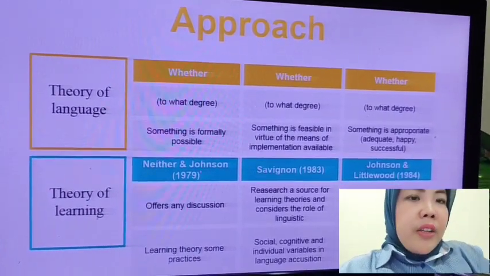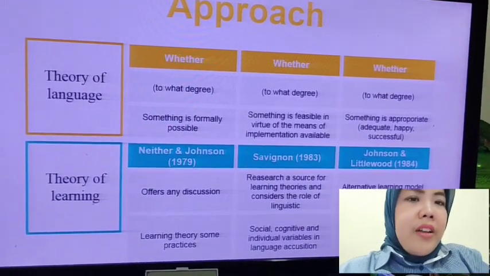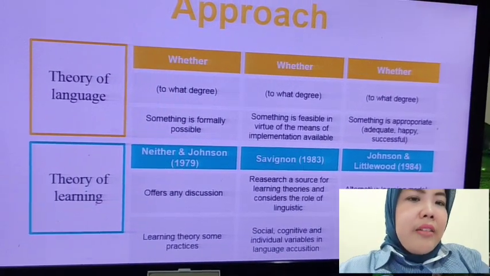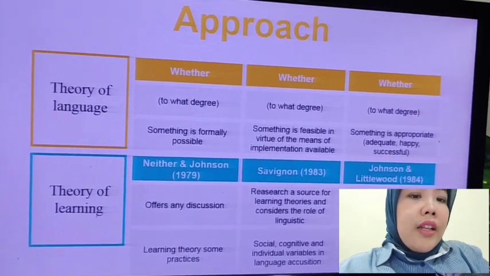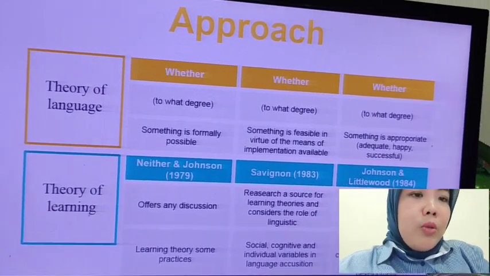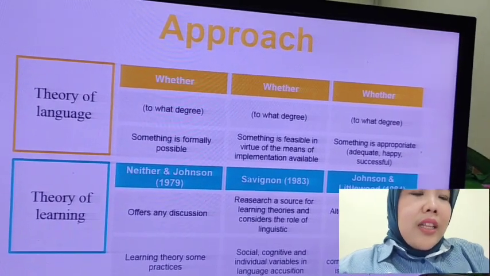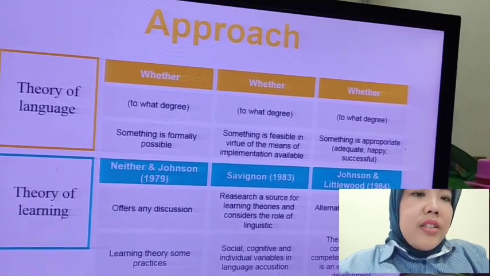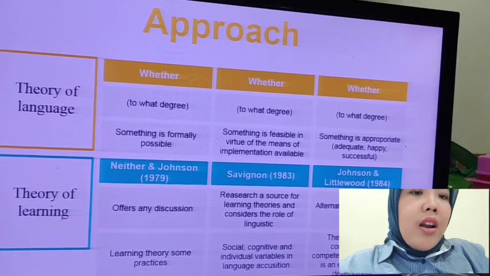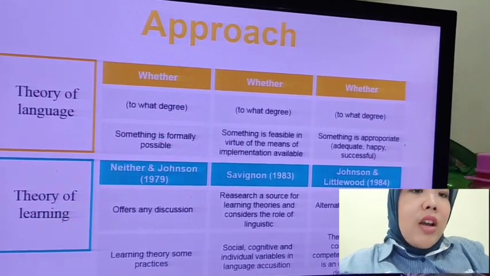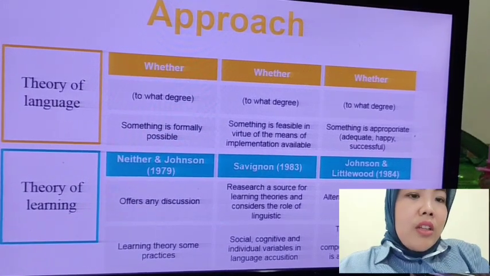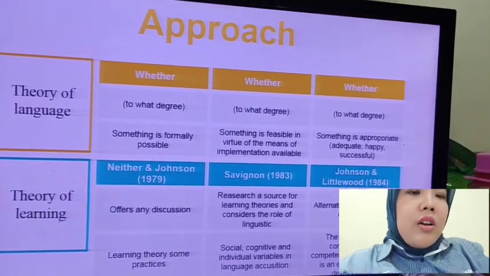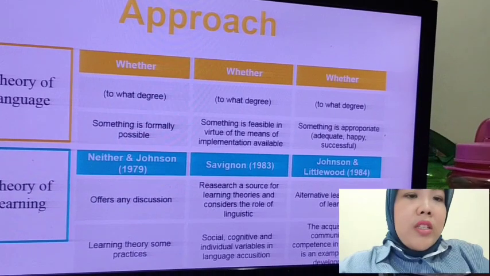Theory of learning. First, by Nieder and Johnson in 1979, who offer a discussion of learning theory and some practice. Number 2, by Savignon in 1983, who discussed research as a source for learning theories and considers the role of linguistic, especially social, cognitive, and individual variables in language acquisition.